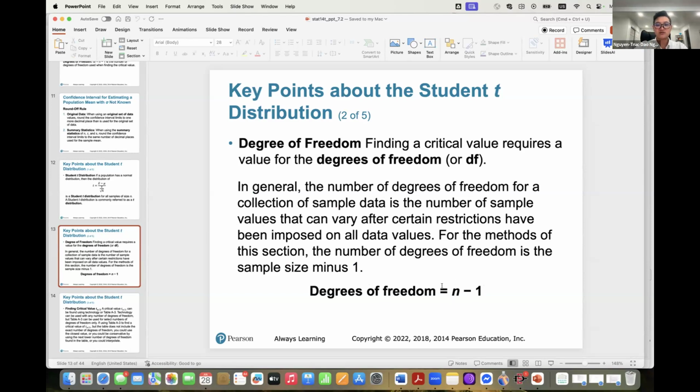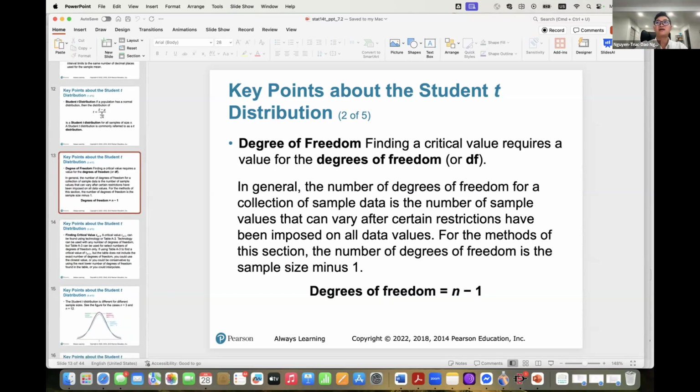This is also the method to calculate the degrees of freedom in the chi-square distribution as well. So that's going to be the formula for those two distributions. I'm opening the t table for our next example, because we are going to use that one later.